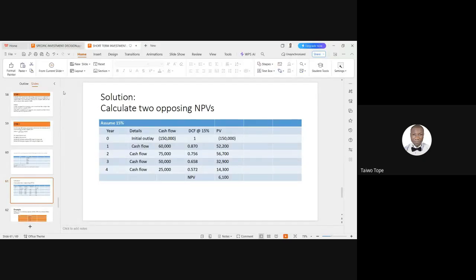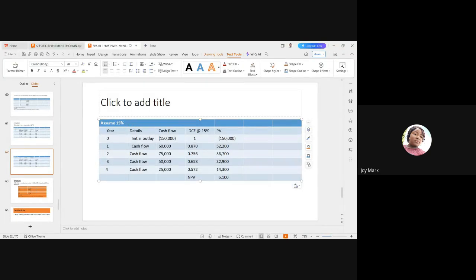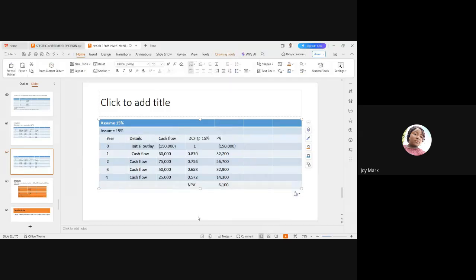Once you go outside the range, the marker will know that this is wrong. So assume 18%.